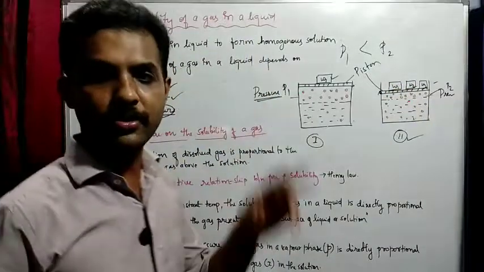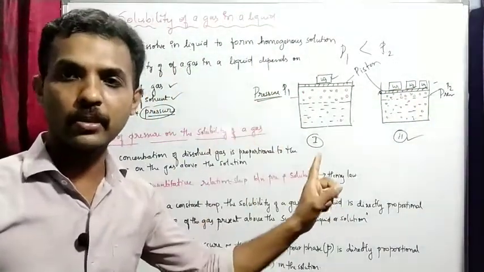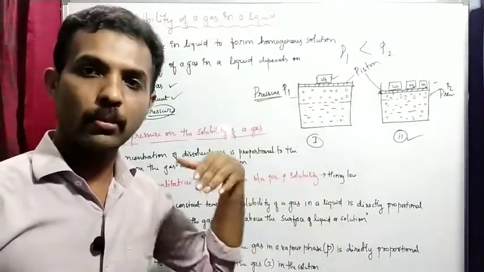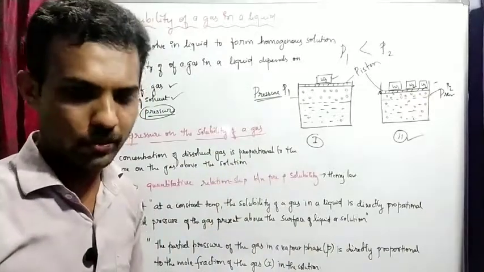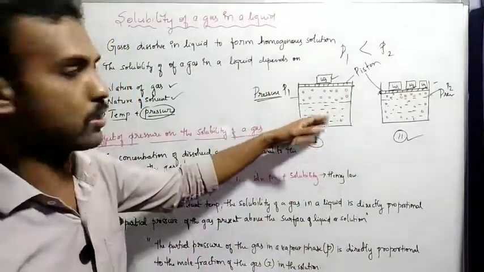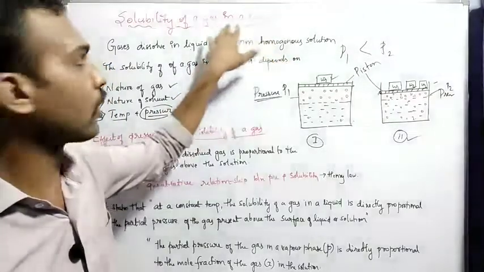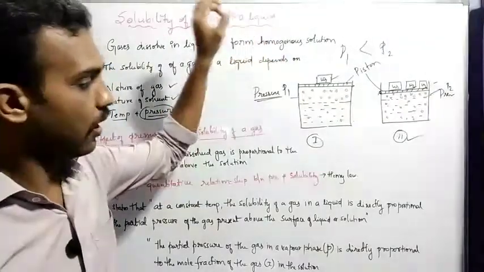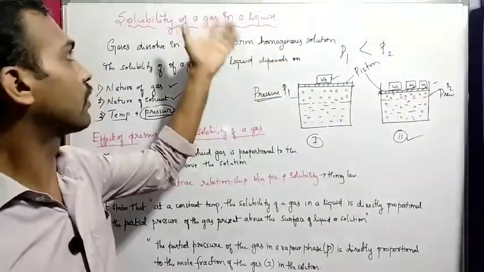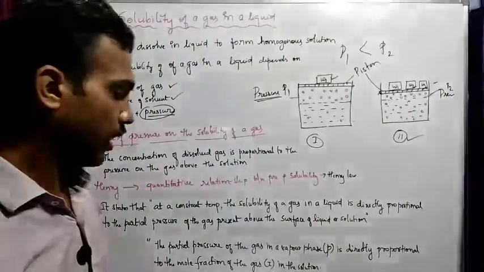There is solute and there is solvent, both form what? Solution. What solution? So here liquid solution. How? The gas in liquid, the solute is gas and the solvent is the liquid, hence the solubility what we can observe here, gas in liquid, right?